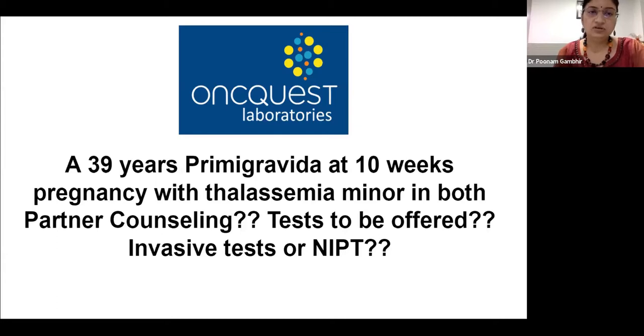See, as Dr. Nidhi told, we should always start with the history. She is 39 years, so age itself is a high risk factor for aneuploidy. And the couple have a known thalassemia minor status, they both have. So they have a 25% risk of having a thalassemia major child.